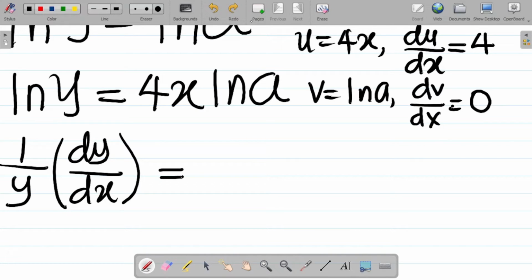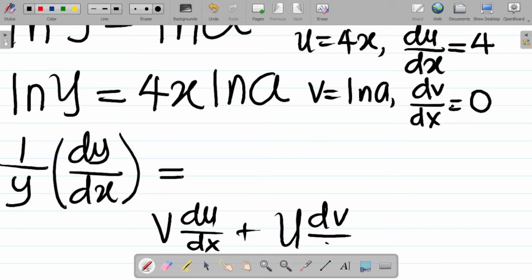Alright, let's use the product rule formula. Recall that it's v du over dx plus u dv over dx. Let's put in values. Let's start with v.